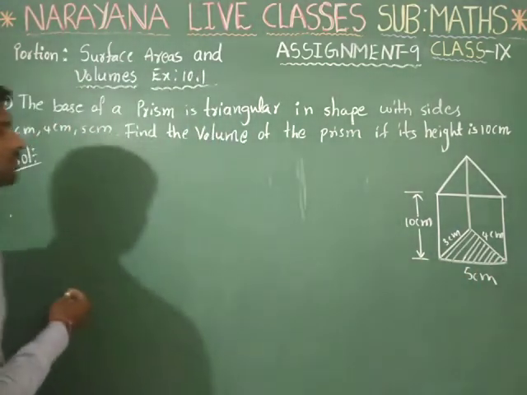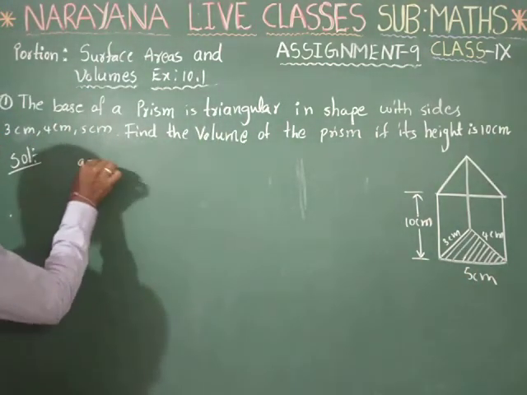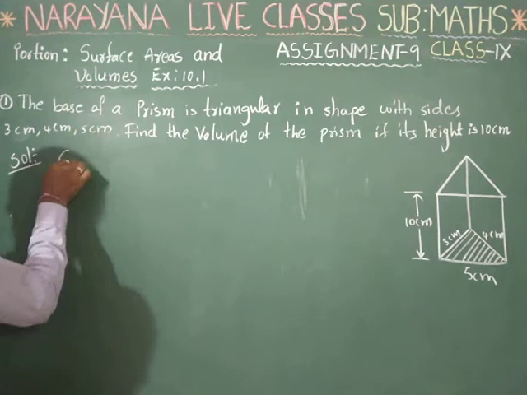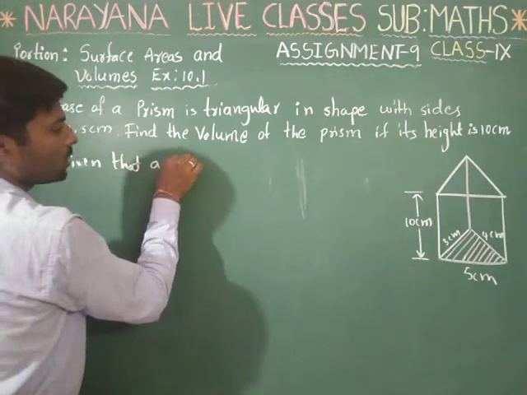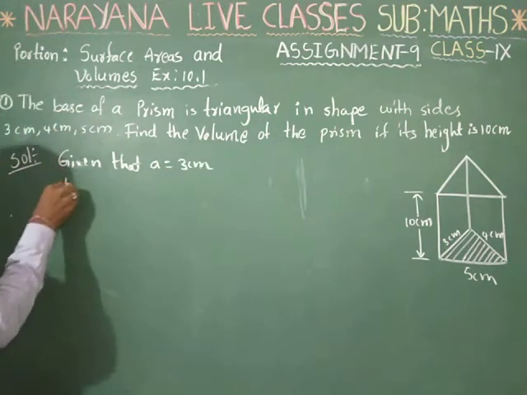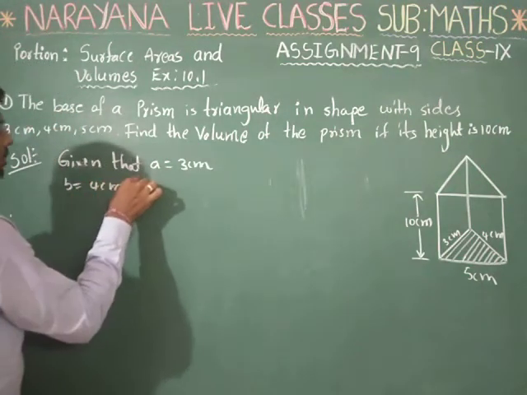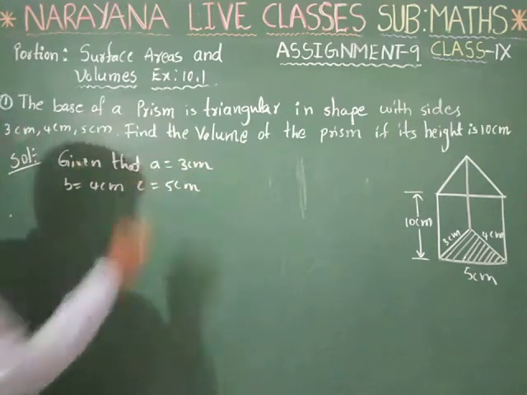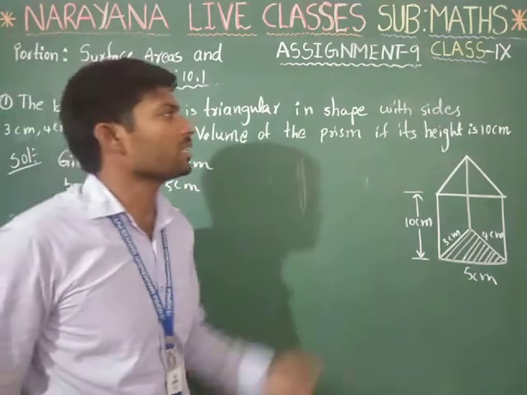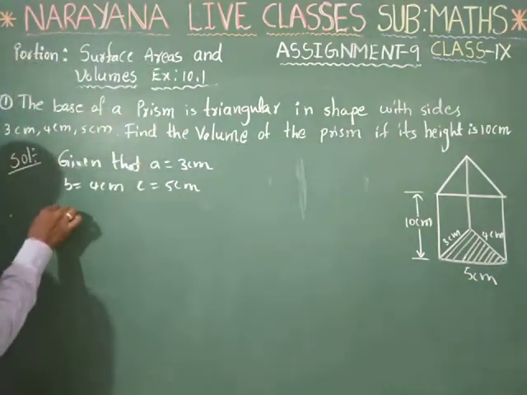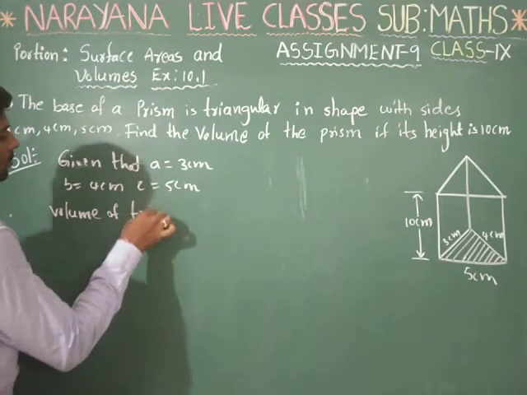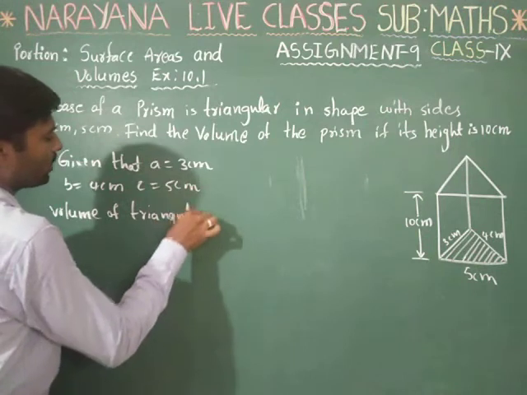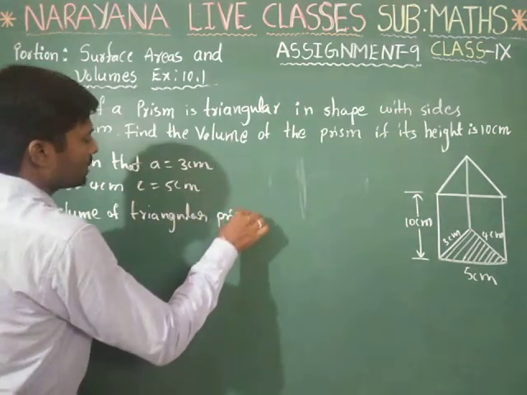The sides of the triangular base are given. Let us take A is equal to 3 centimeter, B is equal to 4 centimeter, C is equal to 5 centimeter. Now if you want to find the volume of a triangular prism, what is the relevant formula?